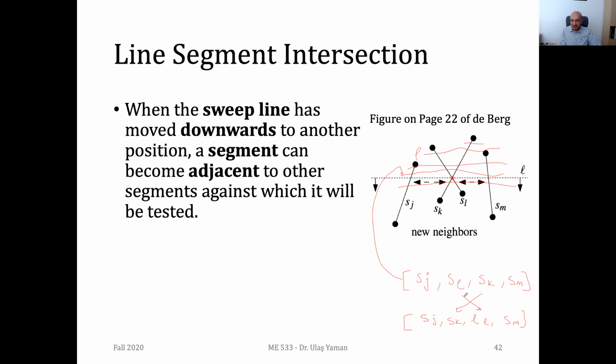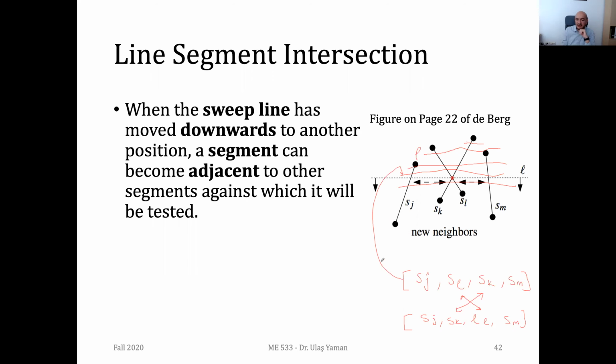After this intersection point. So that's why the intersection points are also important for us, and that's why we will be considering them as event points. And at these intersection event points, again, our status will be updated and we need to do some more checks.